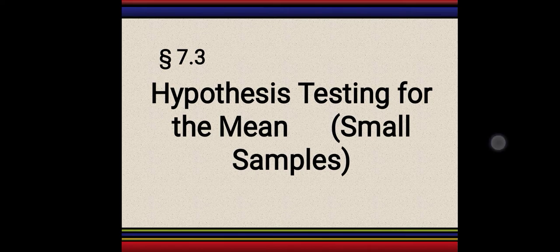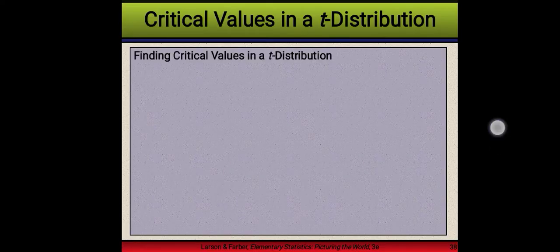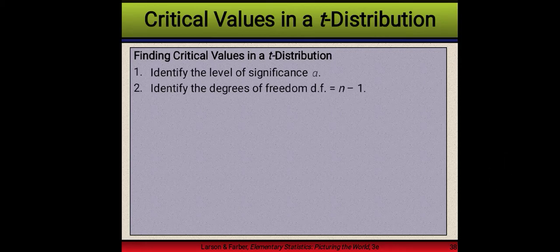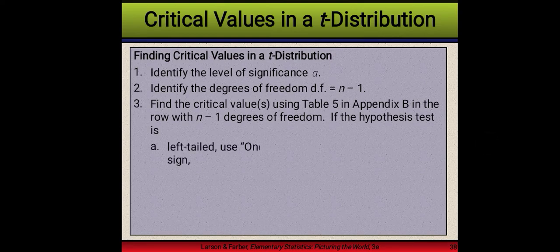And for the critical values in a t-distribution, this is how to find them. Identify the level of significance, or α. Identify the degrees of freedom, df, equal to n minus 1. That's what I have presented earlier.